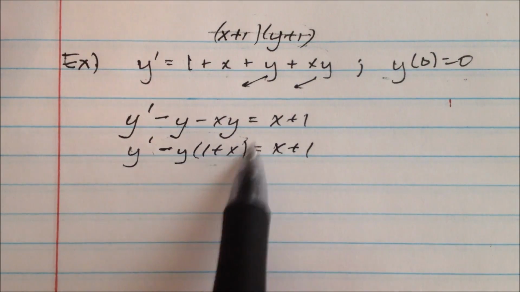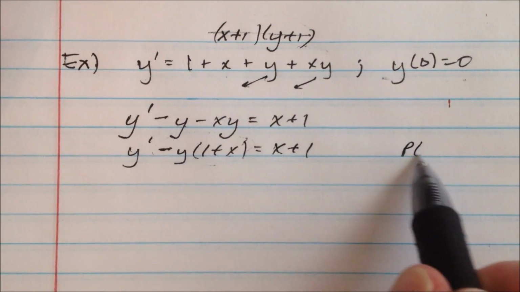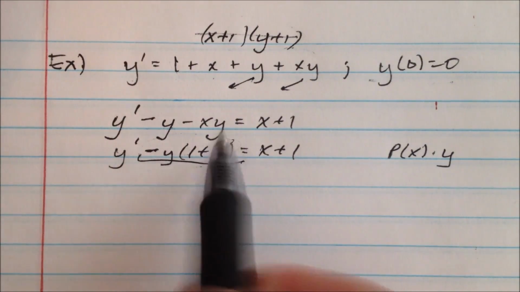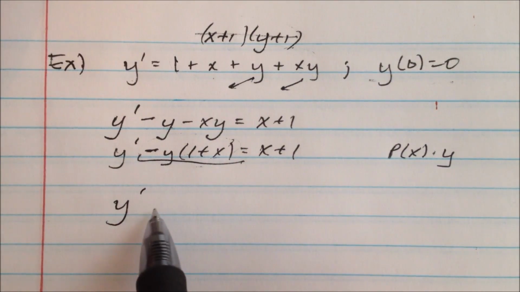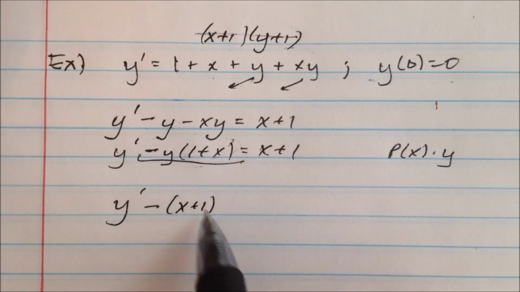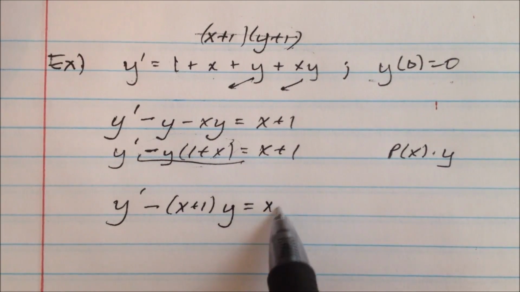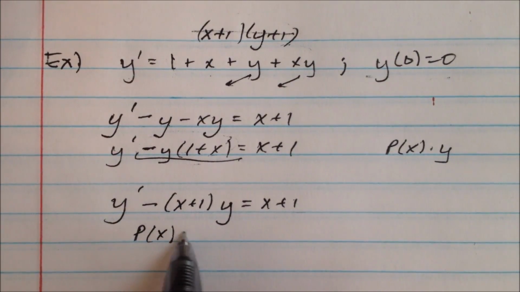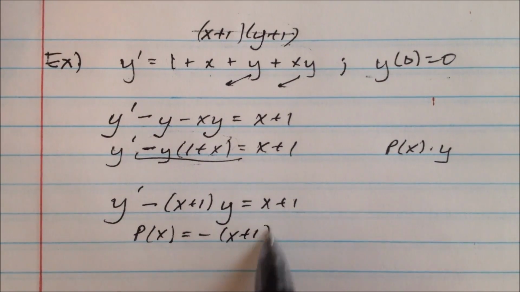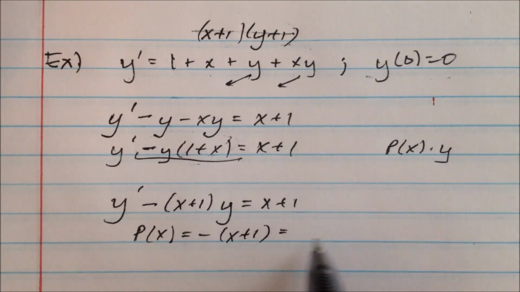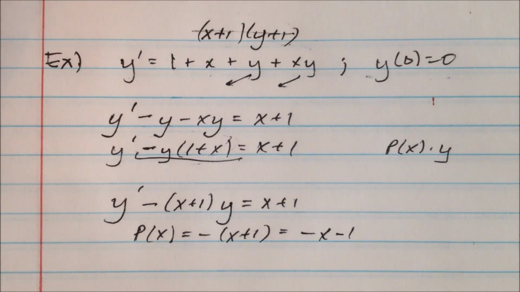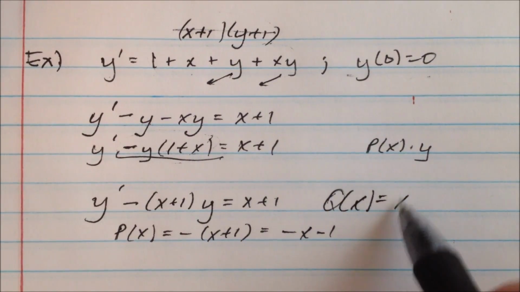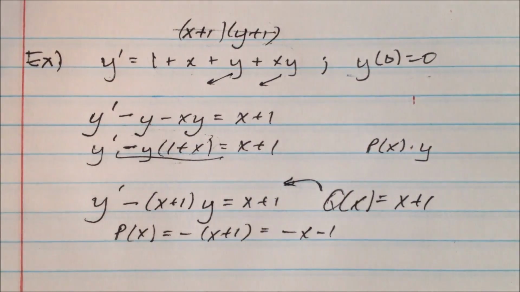So if I rewrite this, because I need it to be p of x times y in this middle slot, it could be y prime minus the quantity x plus 1, times y, equals x plus 1. So according to this, my p of x equals negative quantity x plus 1. We could just say negative x minus 1, it doesn't really matter. And then our q of x, of course, is going to be our x plus 1 from this business here.